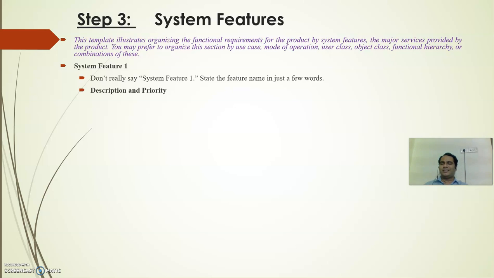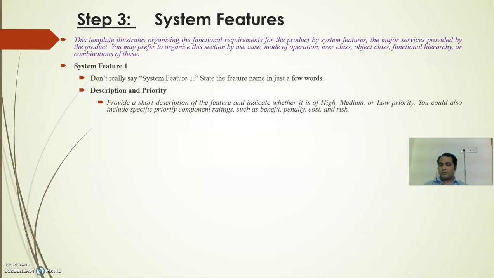We have to mention the description and the priority, whether it is lower priority or higher priority, whether it can be implemented a little later, or whether we need to implement it in the first cycle. So provide a short description of the feature and indicate whether it is of high, medium or low priority. You could also include specific priority component ratings such as benefit or penalty, cost and risk. What happens if I don't implement it? That can also be mentioned.